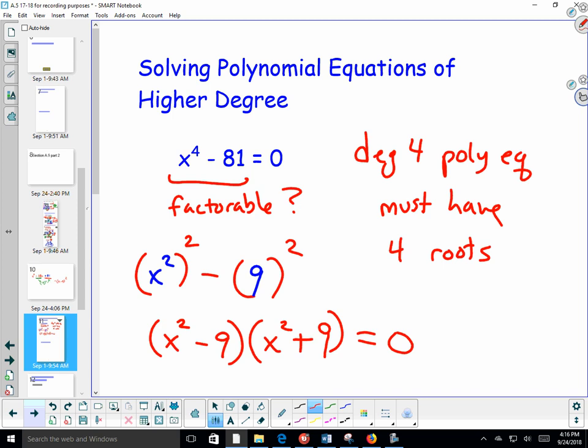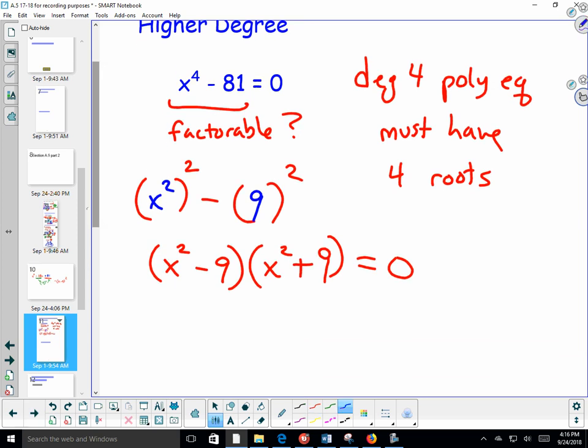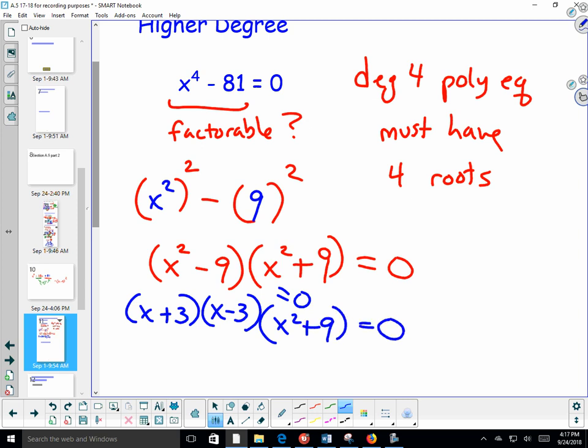So if I have 2 things being multiplied together to give me 0, one of them had to be 0. So we're going to set each of these equal to 0 to solve. And actually this one over here, we really could factor further, couldn't we? And we'll have x plus 3 times x minus 3, and then times the x squared plus 9 equals 0.